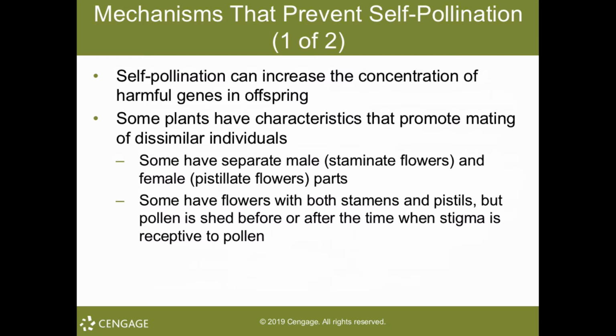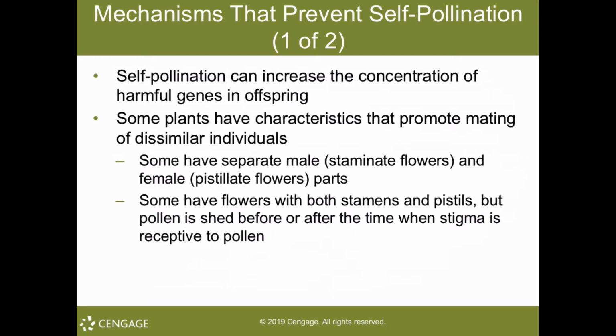Some offspring, for example, may be able to survive environmental changes better than either parent plant can. So evolution has resulted in a variety of mechanisms that prevent self-pollination and thus prevent inbreeding, which is the mating of genetically similar individuals. Inbreeding can increase the concentration of harmful genes in offspring.